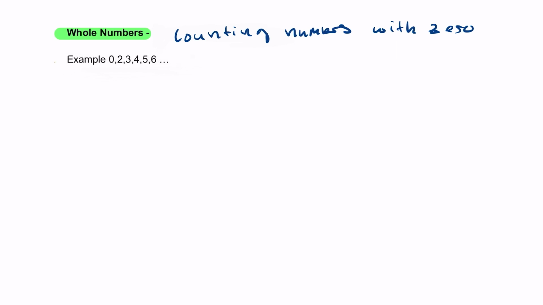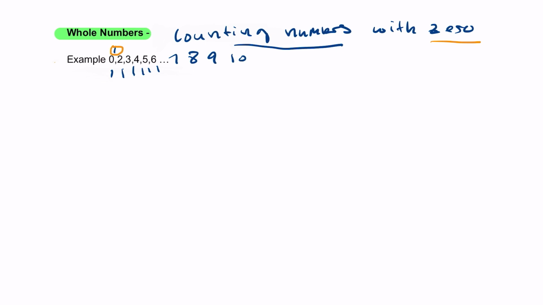So 0 can be a whole number, 2 can be a whole number, also 1. Sorry, I forgot to put 1 on there. 3, 4, 5, 6, and so on, 7, 8, 9, 10. It's usually the counting numbers and 0.